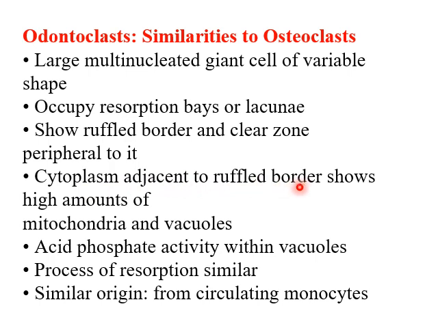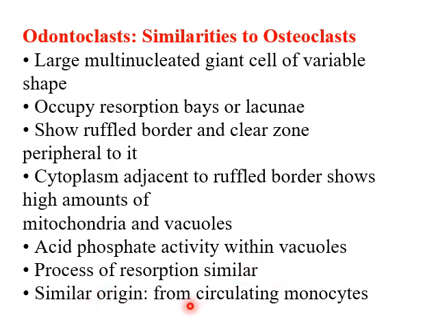The cytoplasm adjacent to the ruffled border shows a high amount of mitochondria and vacuoles, as we saw in the previous electron microscopic picture. There is acid phosphatase activity within vacuoles, and the process of resorption is similar: degradation of the inorganic matrix, which is hydroxyapatite crystals, then degradation of collagenous protein and protein present in the organic matrix, and then taking these components to the bloodstream.